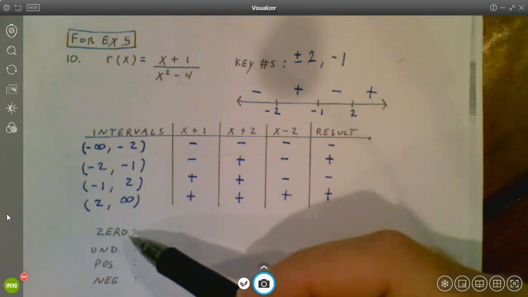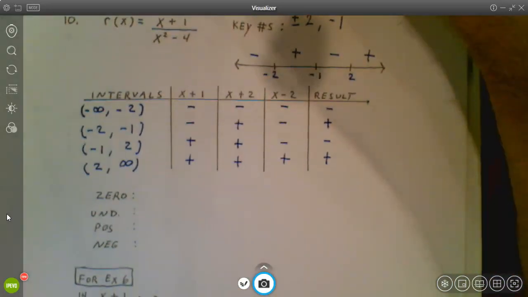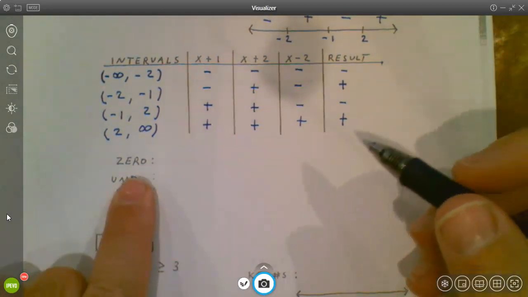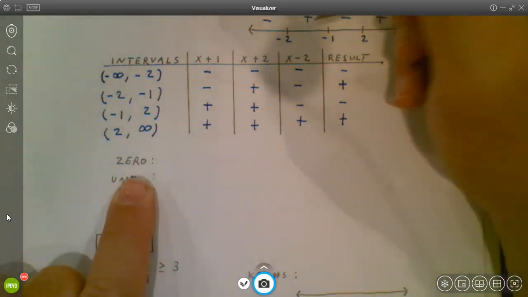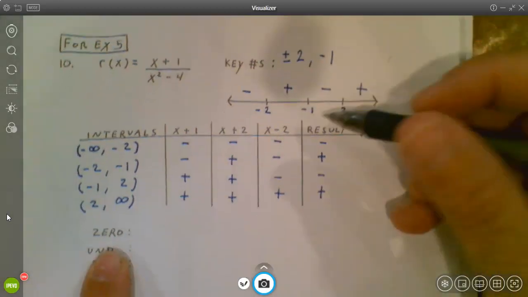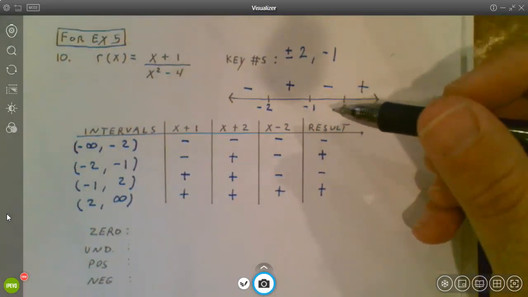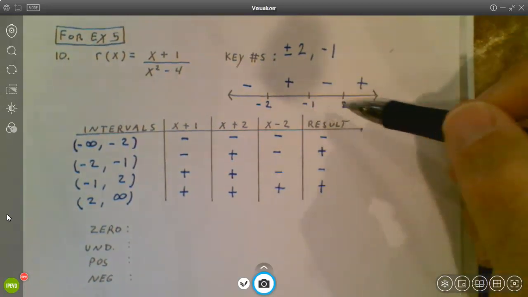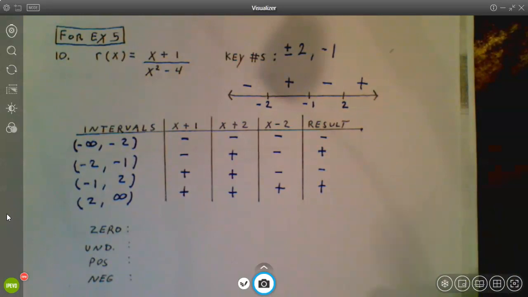Let's just write those out and then we will call it a day for this one. So the zeros, we really only had one 0. The other ones were asymptotes. So we want to keep in mind, and this is really important as we get into the final lesson in the next video, when you look at these key numbers, you do need to keep in mind which of those were intercepts and which were asymptotes.